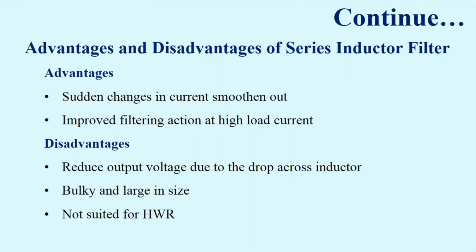Furthermore, here we have disadvantages. The series inductor filter reduces output voltage due to the drop across the inductor. This inductor is bulky and large in size, meaning the filter is not suited for a half-wave rectifier.